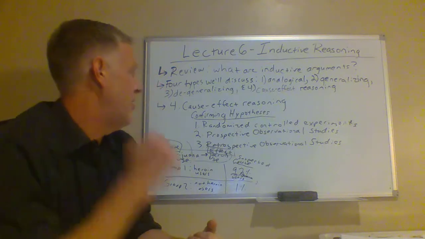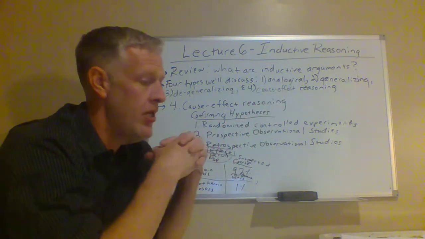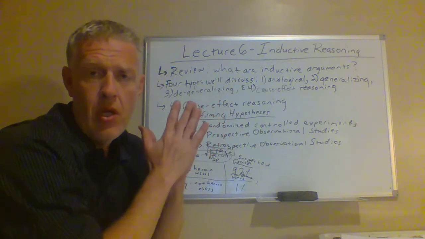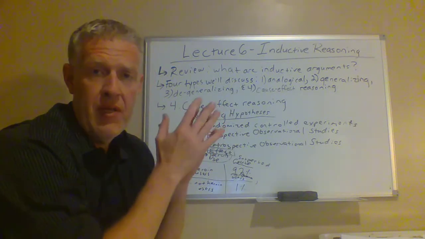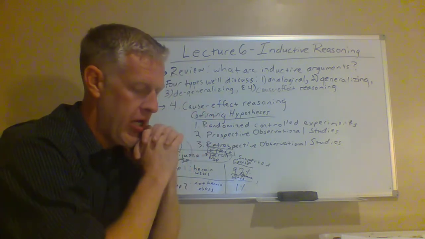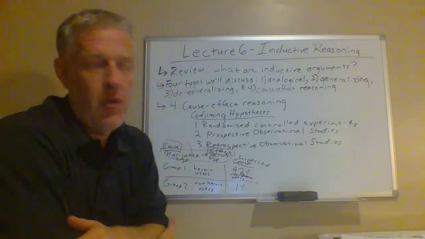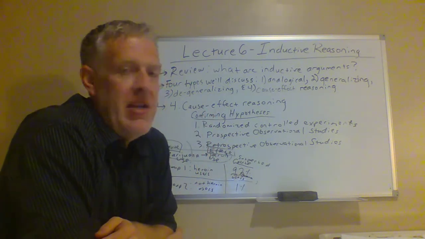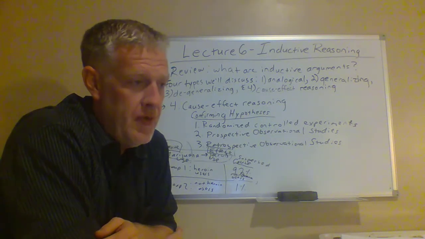I spent a lot of time detailing those, in particular cause-effect reasoning here at the end. We went through various ways we go about forming these hypotheses that we're working with, and then confirming them as well, or trying to. Okay, so a lot going on here. So this concludes section 2 of the course. Without a doubt, in my humble opinion, the most difficult section of the course.